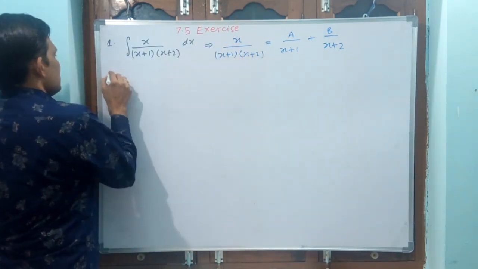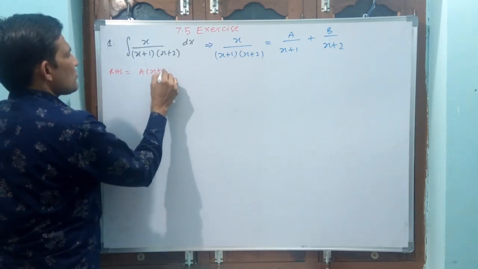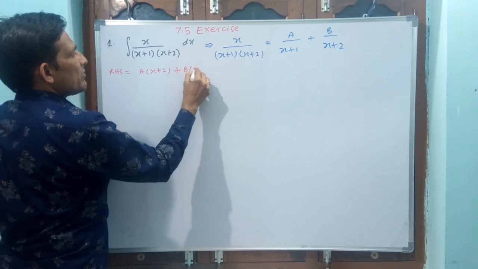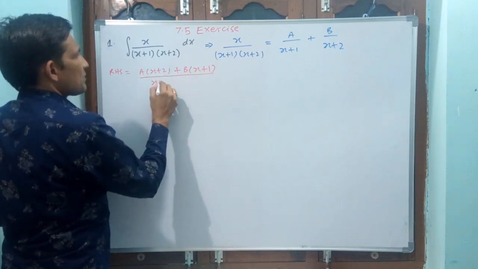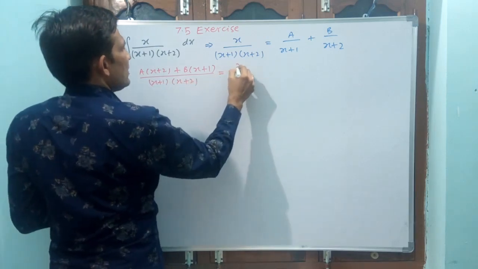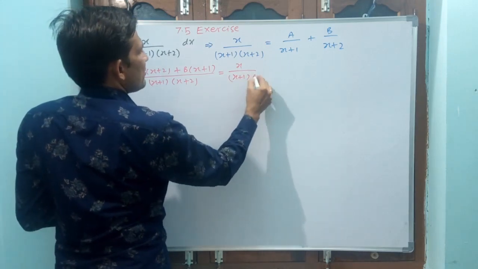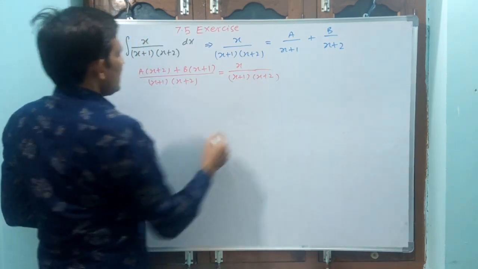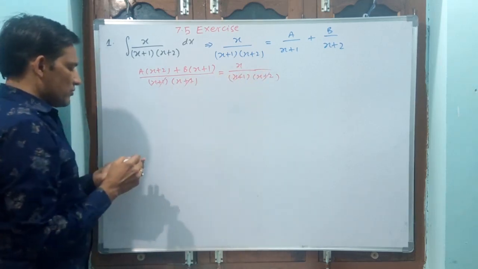You take only RHS now. RHS is equal to, see, a into x plus 2 plus b into x plus 1 divided by x plus 1 into x plus 2, that is equal to x by x plus 1 into x plus 2. Okay. Now you see x plus 1, x plus 1, x plus 2, x plus 2 have cancelled. Why? Because equal to is there.